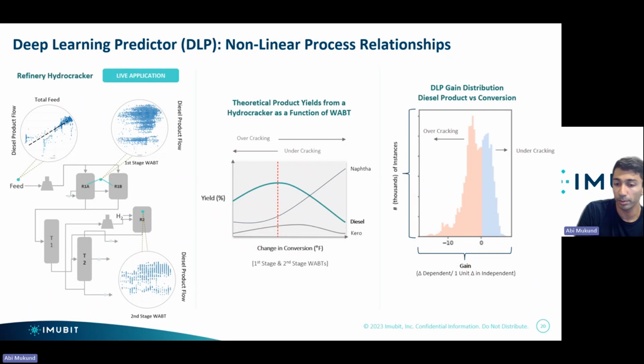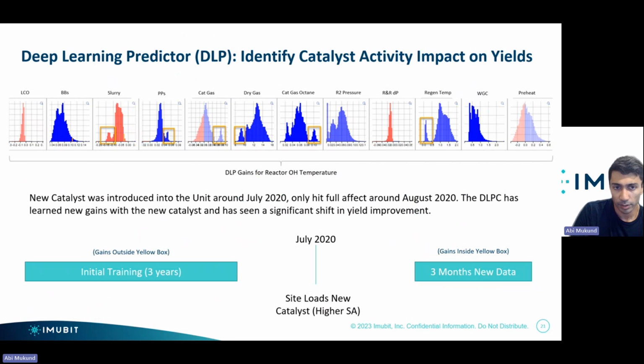I'll show you another example, which is also very powerful, of the benefits of using a deep learning neural network on a lot of plant data. This one's on an FCC, a fluidized catalytic cracker. Very similar approach: for this customer, they wanted to understand how their riser outlet temperature, the equivalent of conversion on an FCC, impacts their yields and their other control variables. The problem is set up exactly like what we showed before.